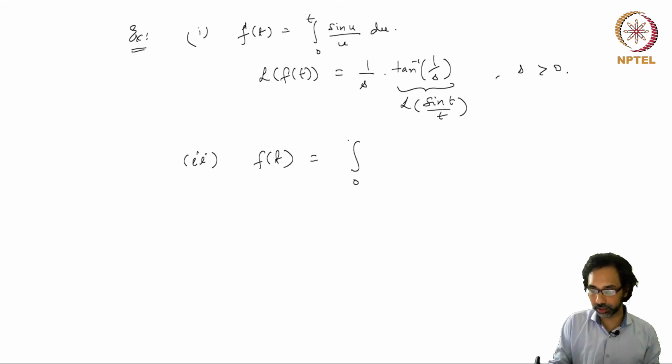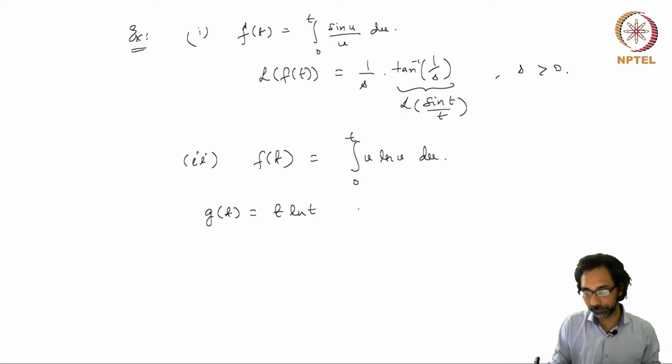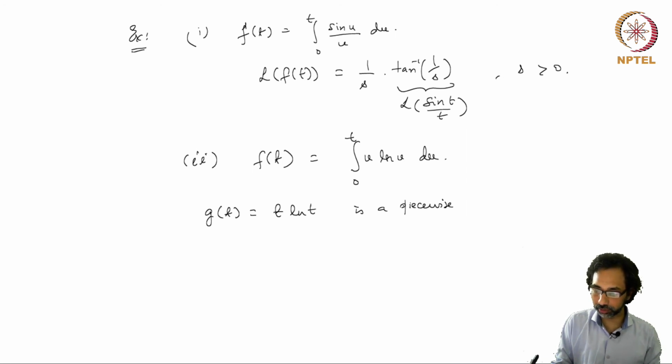This is the integral from 0 to t of u log to the base e, ln u, du. Now this function, let me call it g(t), defined by t ln t, is a piecewise continuous function on 0 to infinity.